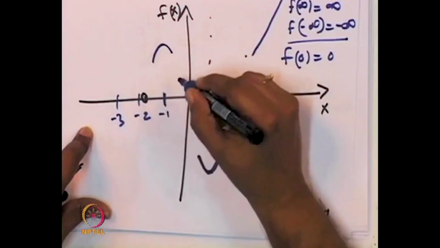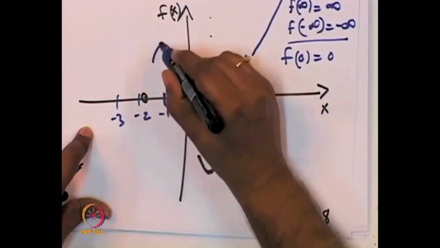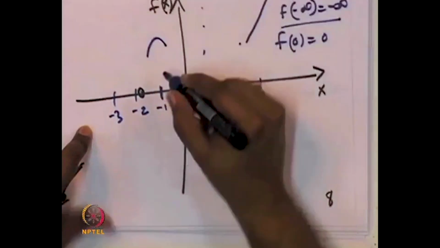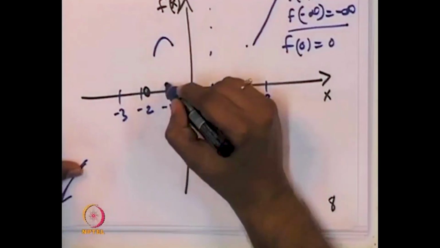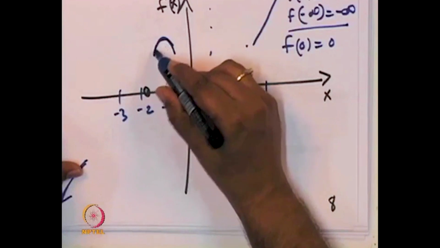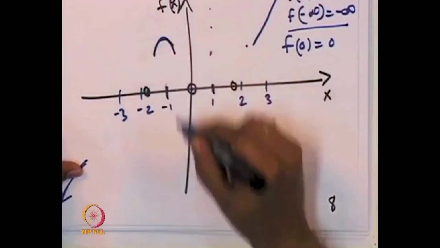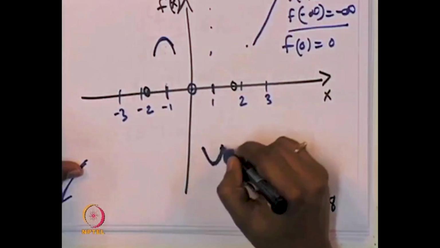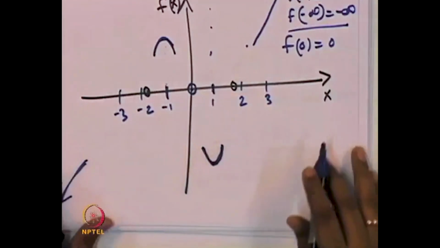We do not know where this maximum is, but we know that at x equal to minus 1 it should have a maximum, a curvature like this, and at x equal to plus 1 it should have a minimum, where the function should look like this.